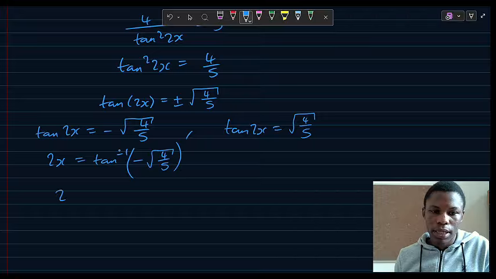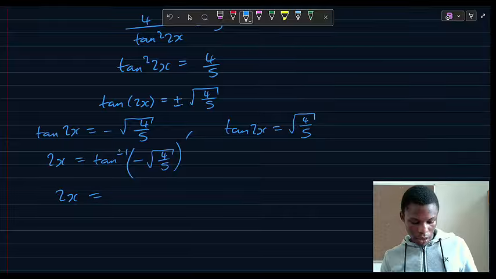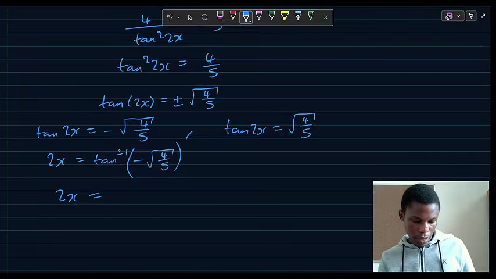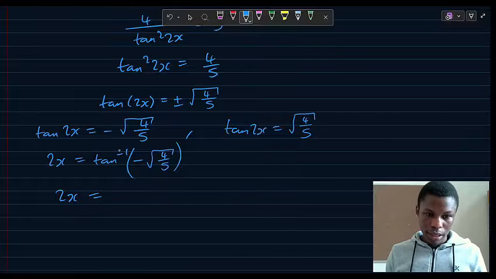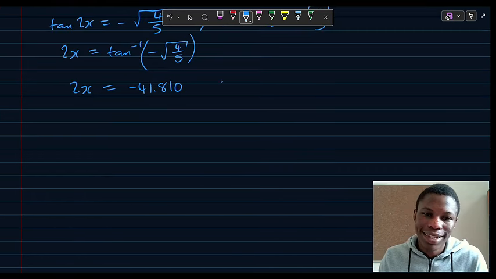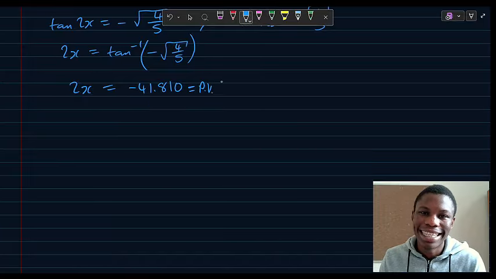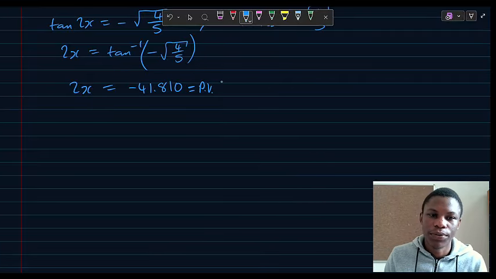Don't simplify just yet. We are in degrees, so make sure your calculator is in degrees. This is negative 41.81. This number from our calculator is our principal value, and it is the value we will use to find the other solutions within our given interval.